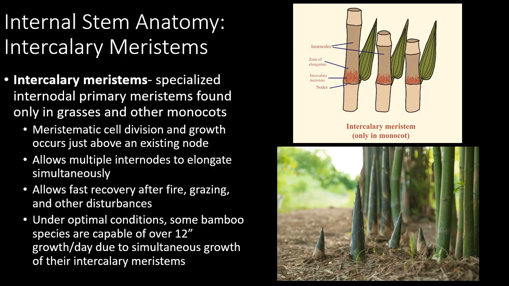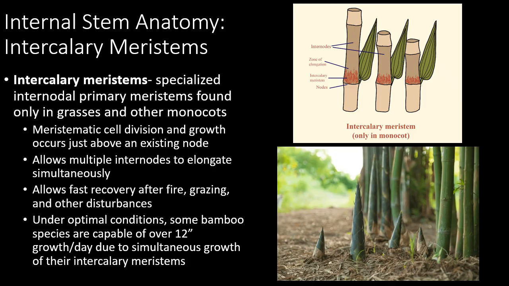If you look at this bottom image, at these new bamboo shoots emerging from the soil, you can see the scaly leaves covering the outside of that shoot. And we know that each leaf has to be attached to a node. So if we count the leaves, we can figure out how many nodes are underneath the leaves on this shoot. I count 1, 2, 3, 4, 5, 6, 7, 8, 9, 10, 11, 12, 13, 14 little leaves on this big central shoot that's the most prominent in the image.